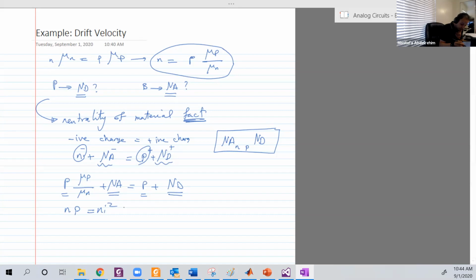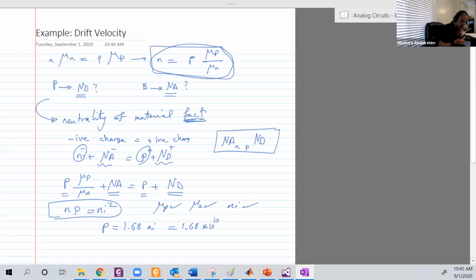Okay. So from this equation, and also this equation here, since mu B is known and mu N is known, and the Ni, this is silicon, is also known, you can say that B equals 1.68 Ni, or 1.68 multiplied by 10 to the power 10.